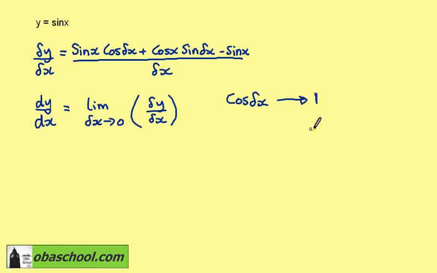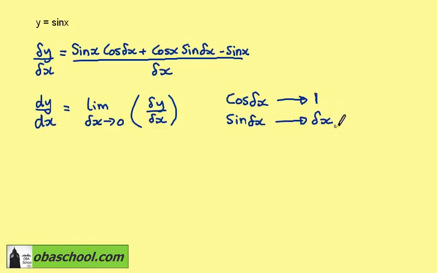You'll see the cosine of 0.0001, for example, is very close to 1. So in the limit as delta x tends to 0, the cosine of delta x tends to 1.